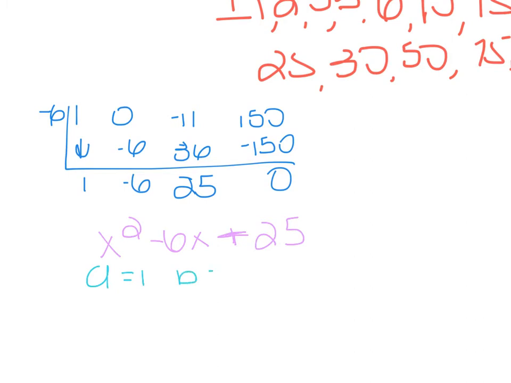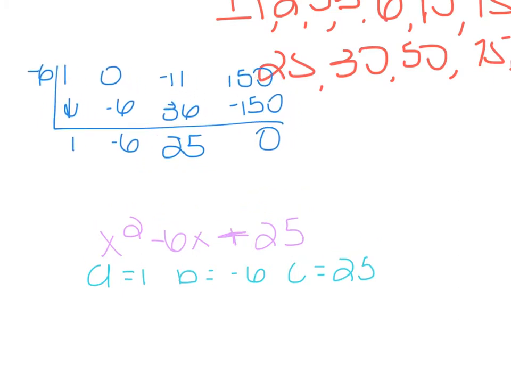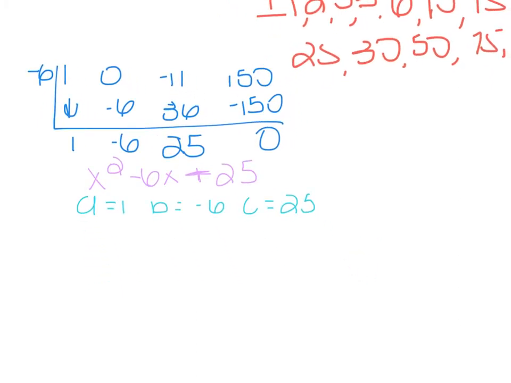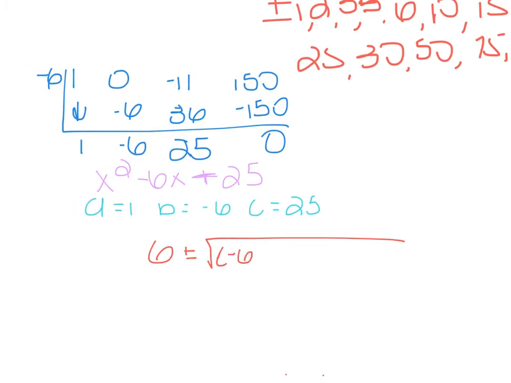A equals 1, B equals -6, C equals positive 25. And I get negative b plus and minus the square root of b squared minus 4 times a times c, all over 2 times a.